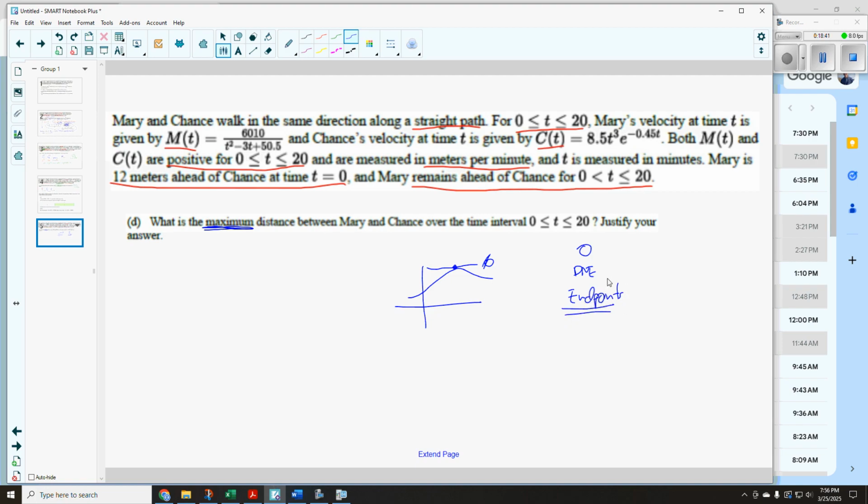Now, in most problems, you're not going to have a place where the derivative does not exist, especially in an application problem. Derivatives don't exist when I have vertical asymptotes, cusps, or corners. They might happen in an application problem, but typically speaking, I'm looking for where the derivative is equal to 0.